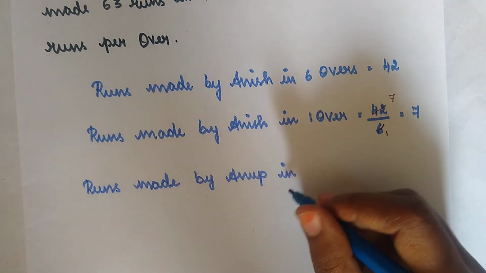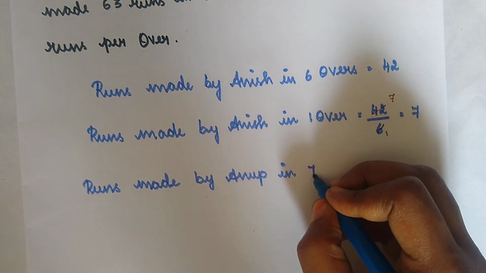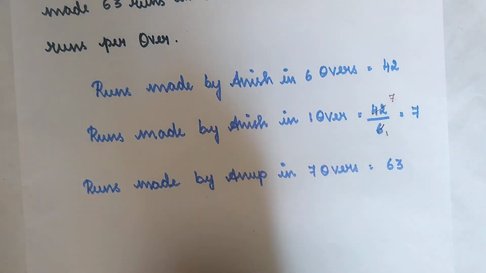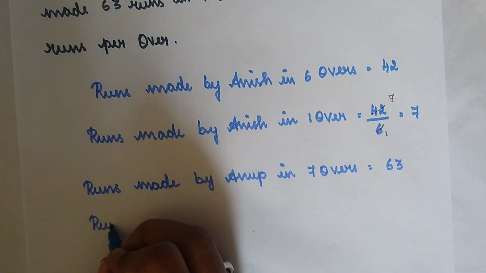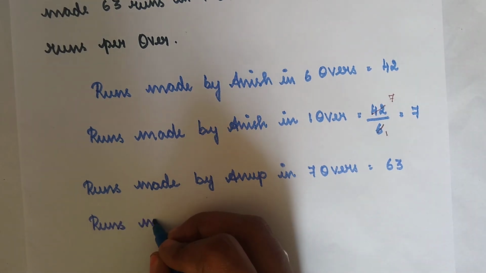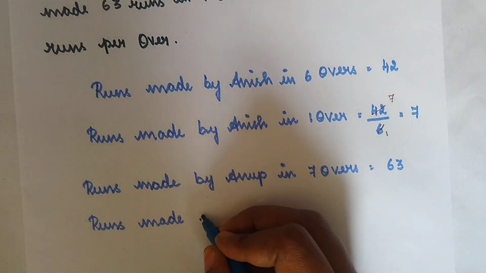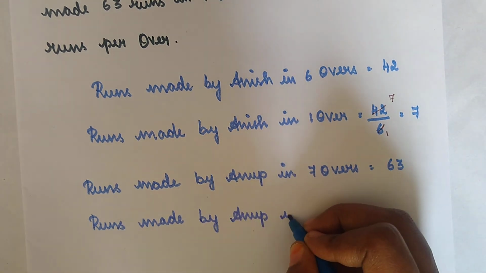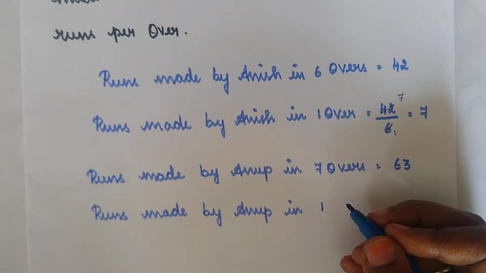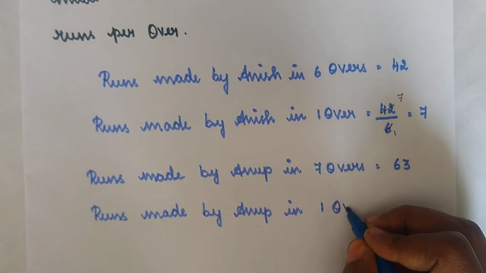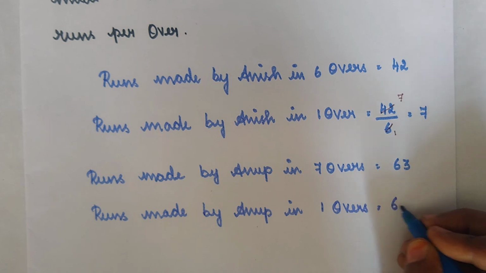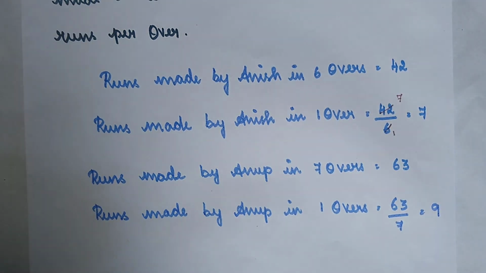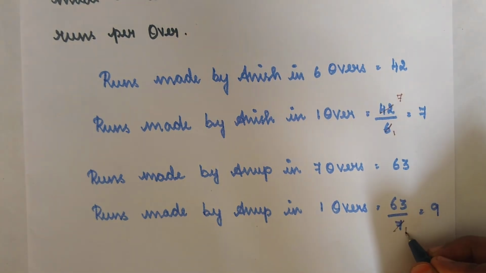So Anup made runs in 7 overs equal to 63 runs. We have to find 1 over. So runs made by Anup in 1 over is equal to 63 divided by 7. 9 7s are 63.